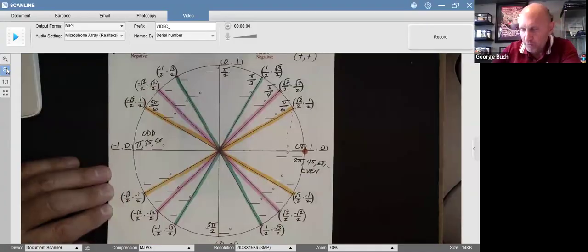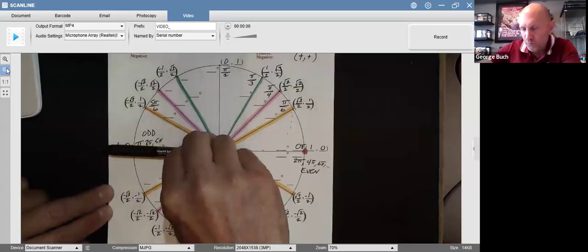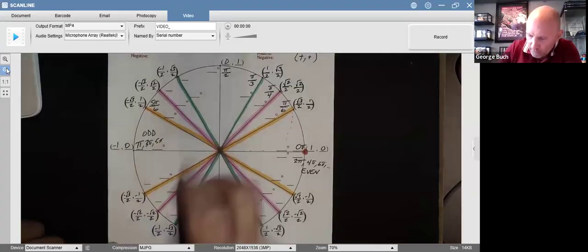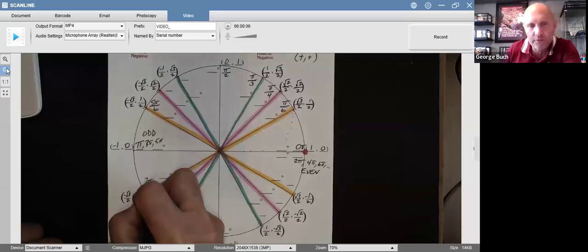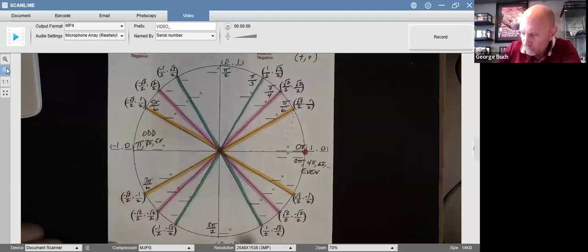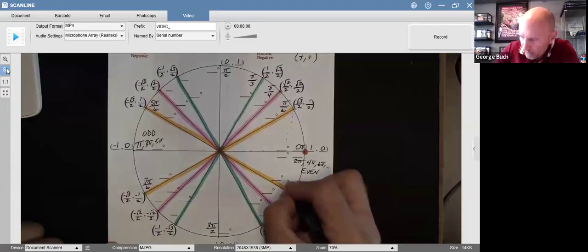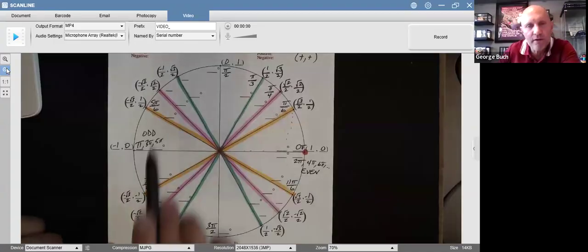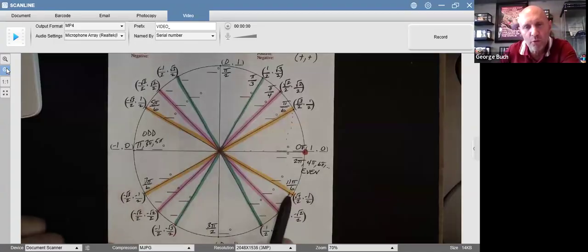And if I keep doing that, 6 over 6, which is 1, 7 over 6. Okay, I'm back on the orange line. So this is 7 pi over 6. And if I come around to this one, it ends up 11 pi over 6. So you can see all of these orange lines have a denominator of 6, and that's going to be important in a minute here.